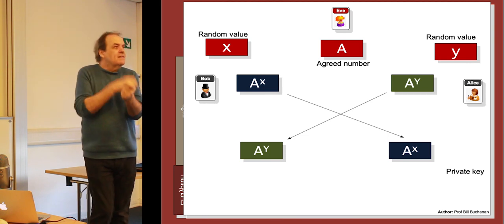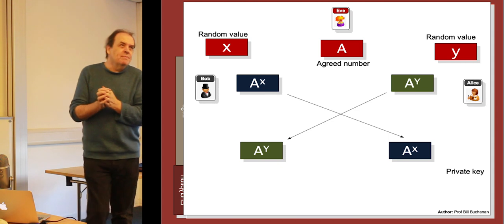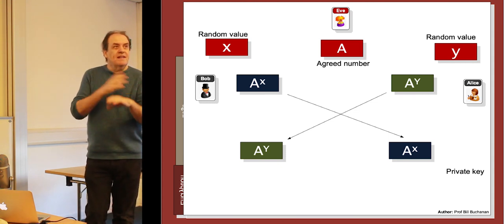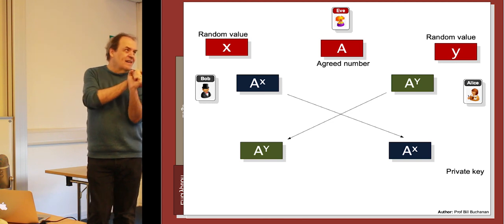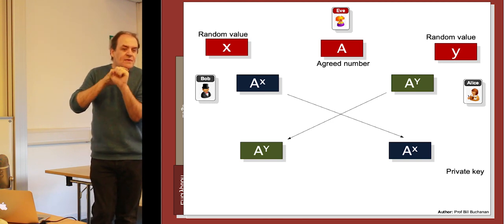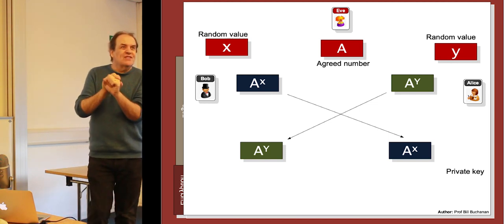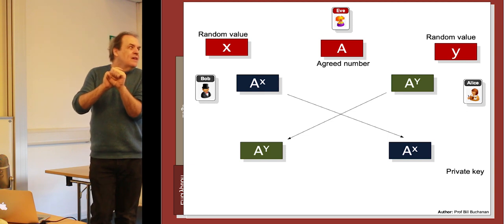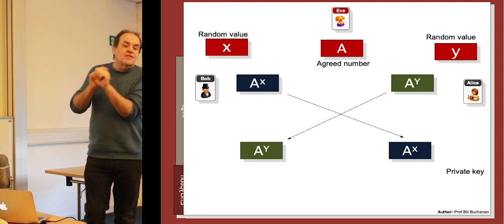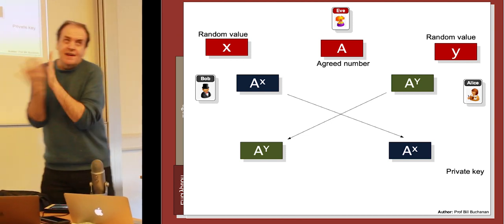Because of the difficulty of discrete logarithms, it's impossible with the computing power that we have to find out what the values of x and y are. That's the fundamental challenge within discrete logs: you cannot find that value for a reasonable cost. So those values go over.